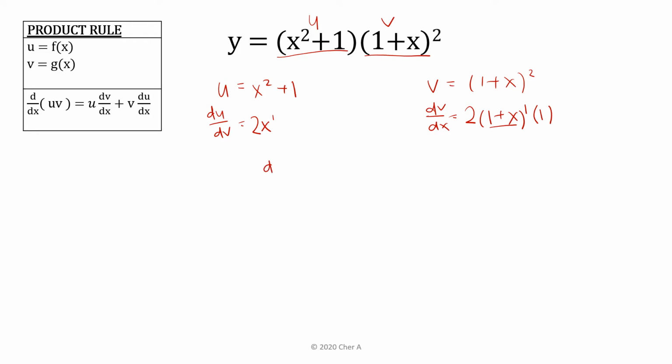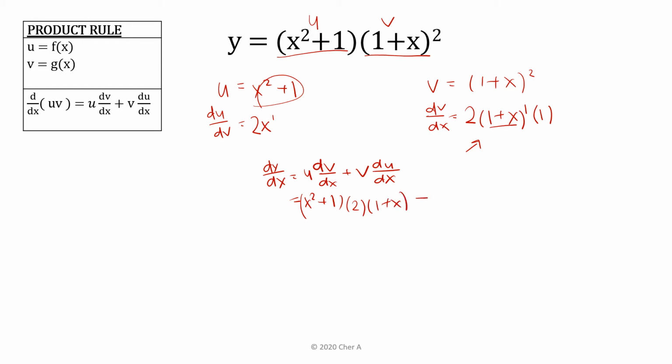So bringing out my product rule, dy over dx is equal to u dv over dx plus v du over dx. Now let's put everything together. My u is x squared plus 1, my dv dx is here 2(1 plus x).